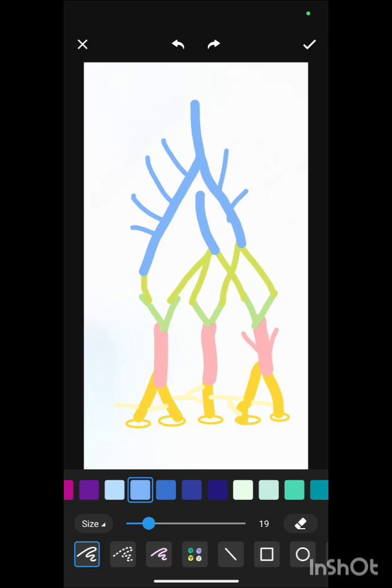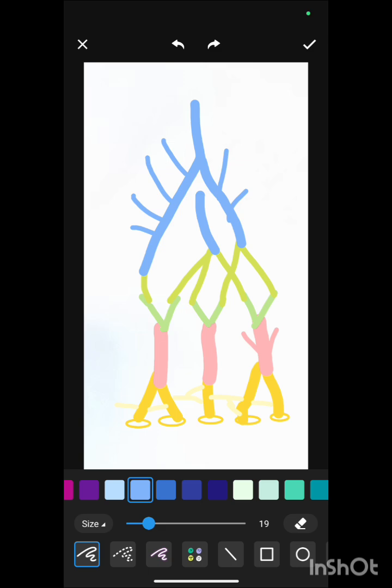The lateral cord continues as the lateral root of median nerve, and the medial cord continues as the last branch giving the medial root of median nerve. The lateral root and medial root of median nerve unite to form the median nerve, right? That's the formation of the median nerve.